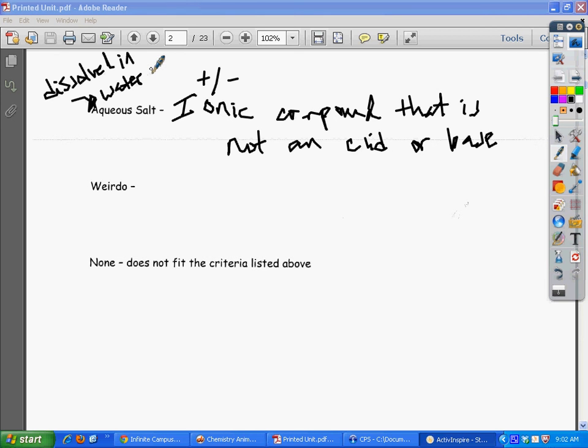Then we have weirdos. Weirdo is not an actual chemical classification. Okay, this is kind of a made-up little term that is going to address 3 particular chemical compounds that behave differently.